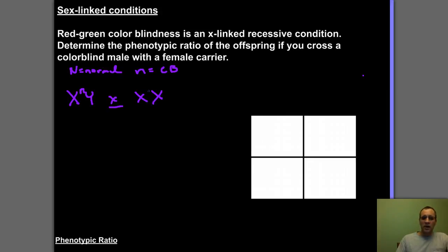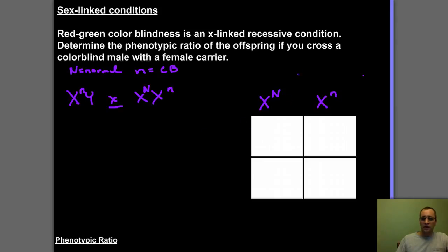A female could be a carrier, so she could have a normal color vision allele and one that's for color blindness. So it might look like this. Then we put these on the Punnett square, the same as we did before. You could get a gamete that has the X chromosome with the normal color vision allele. You could get an X chromosome with the color blindness allele.